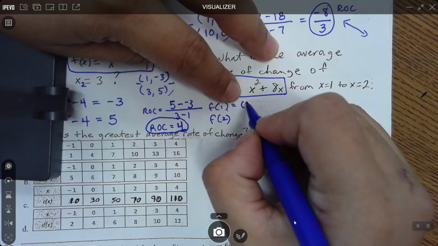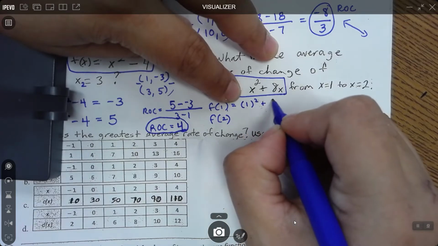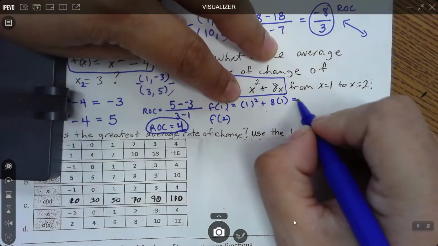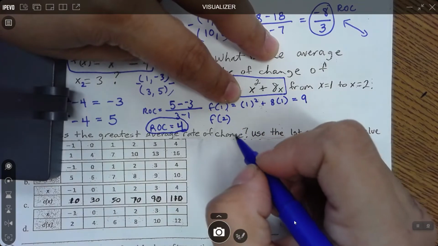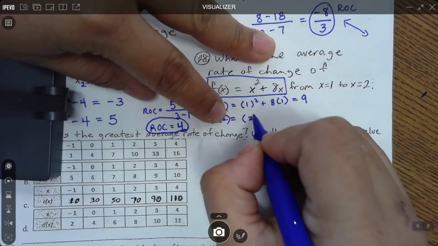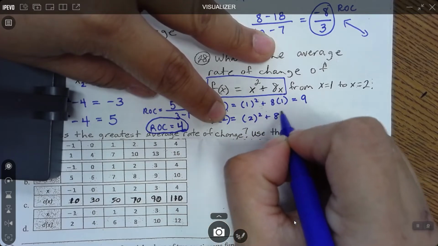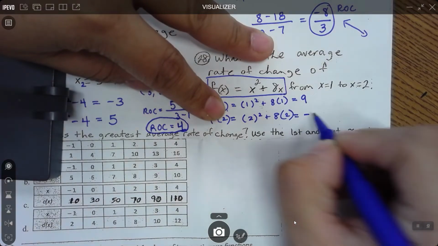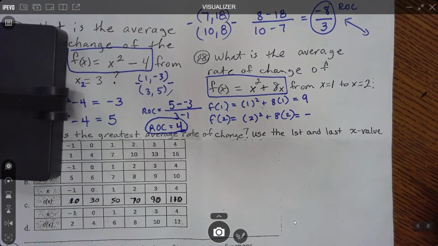So it's going to become 1 squared plus 8 times 1. It's going to be 9. Whereas here is going to be 2 squared plus 8 times 2, which is going to be negative 16 minus 4, negative 12.